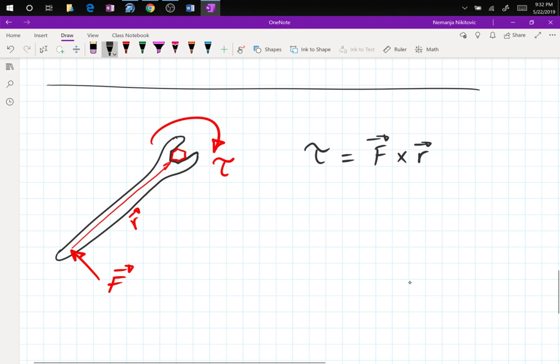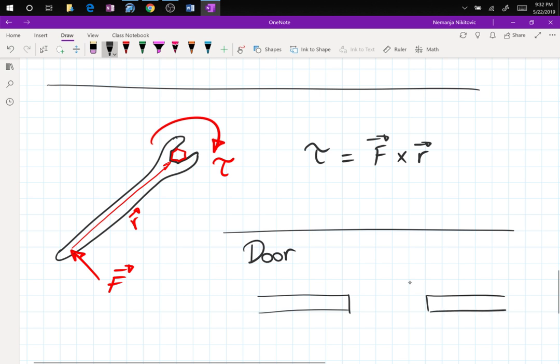Another one that you can consider as an example is a door. We're going to take a look at this door from the top view. So this is the wall. This is the wall. And now you're going to have a hinge over here and the door. So when you push at the handle, you are applying force this way.